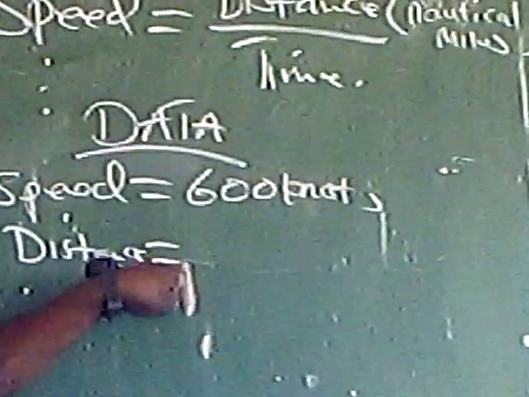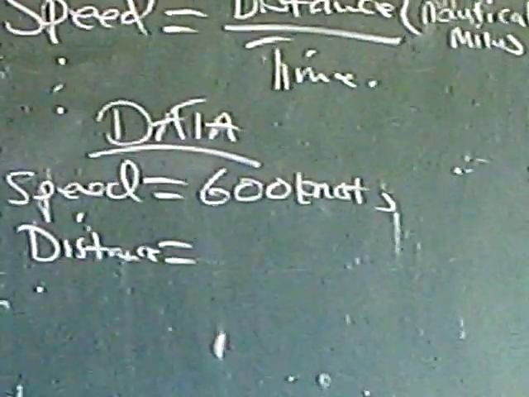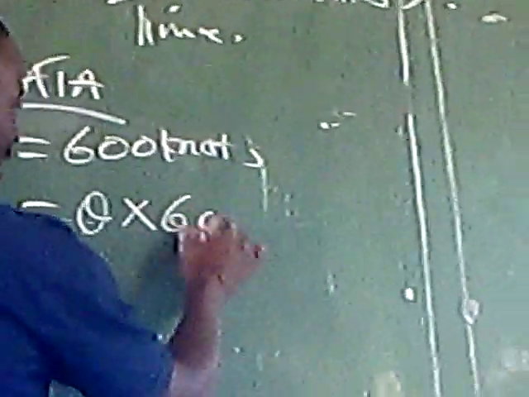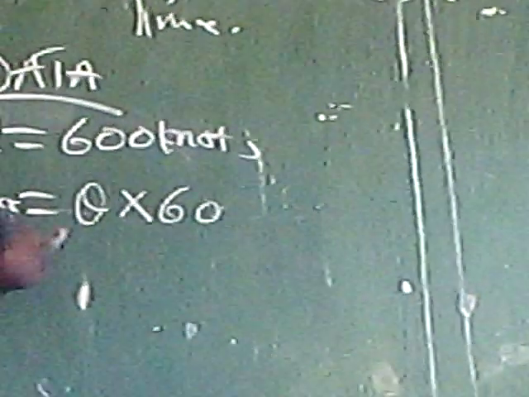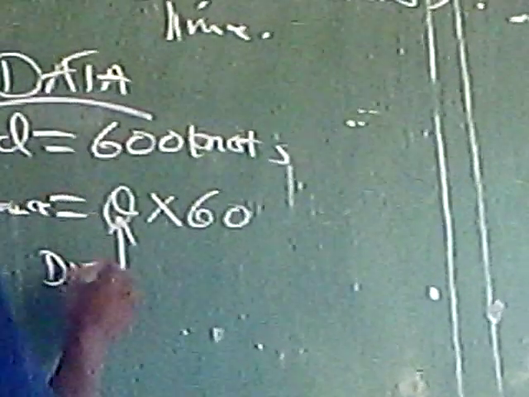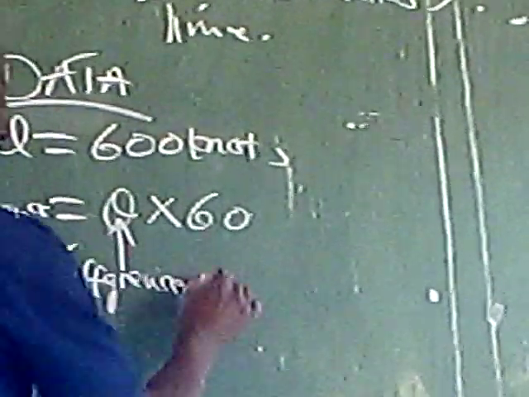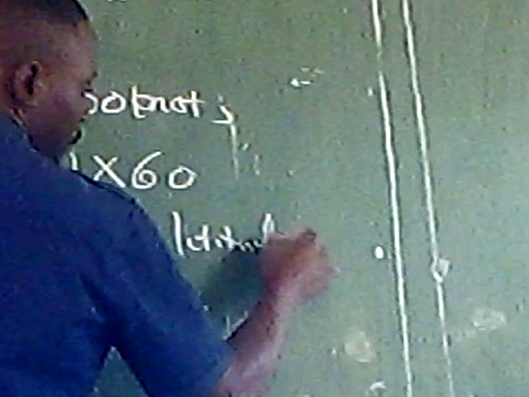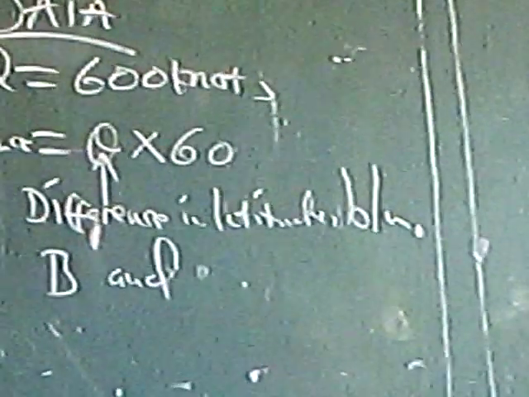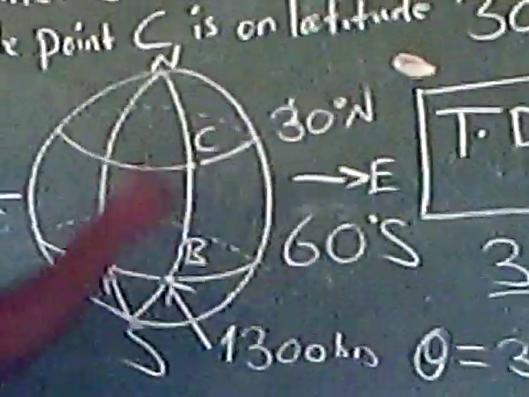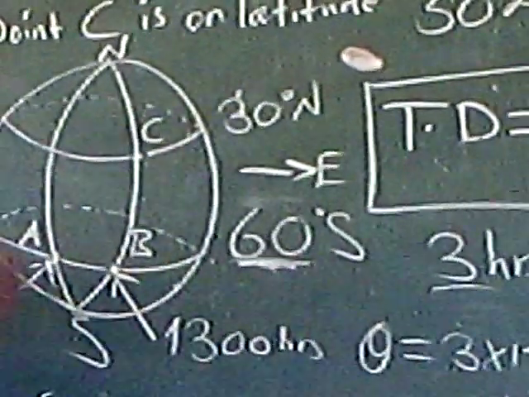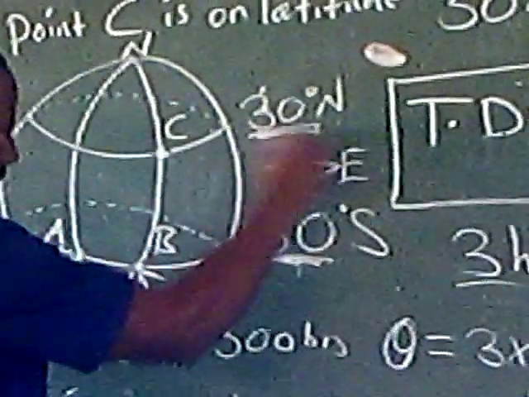If it's in nautical miles, then the distance formula will be theta times 60 nautical miles, whereby this theta is the difference in latitudes between point B and point C. The latitude where B lies is 60 degrees south. The latitude where C lies is 30 degrees north.